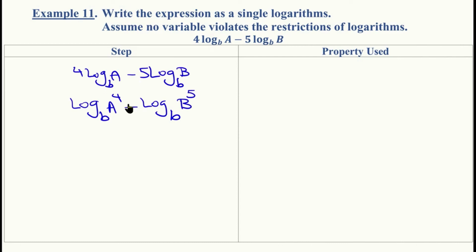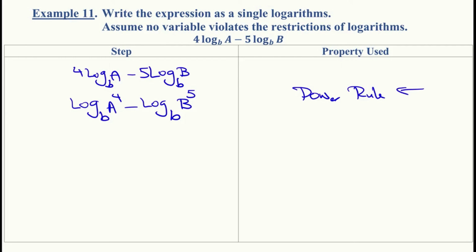Notice since I kept the minus here, it doesn't go onto the exponent. If I wanted to do that, I would have written plus and then I would have put the minus there, but we don't need to do that. All right, so here we just applied the power rule, of course, going that way.